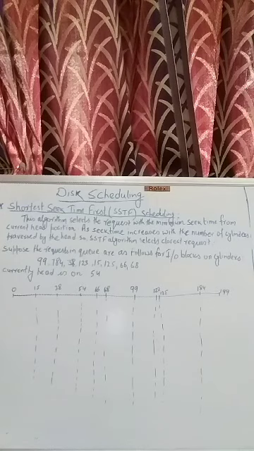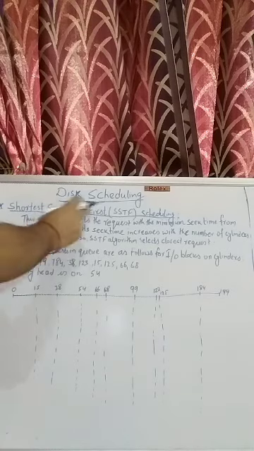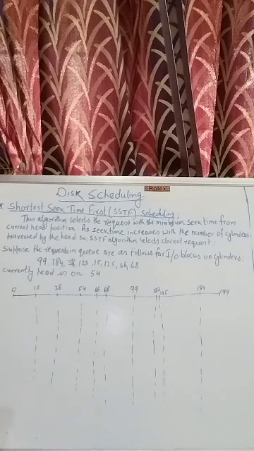Now the next scheduling algorithm is shortest seek time first, SSTF scheduling. As the name suggests, this algorithm selects the request with minimum seek time from the current head position.